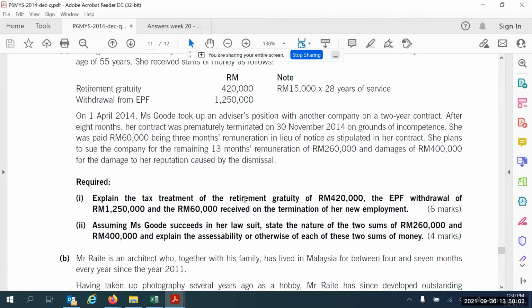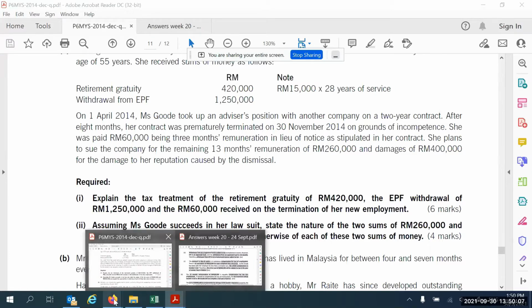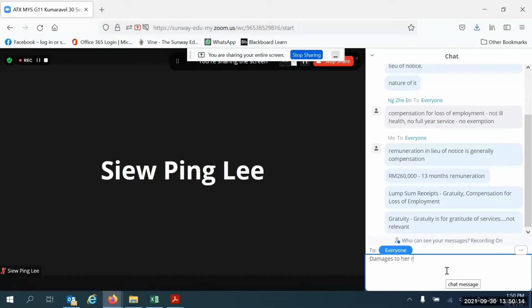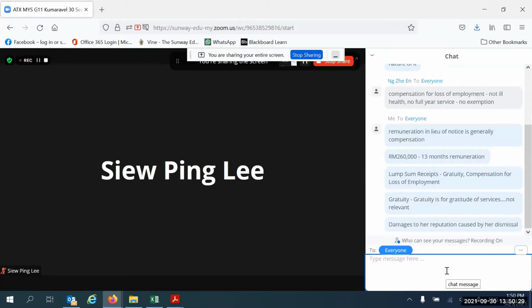Damage to her reputation caused by her dismissal. Now in this scenario, the clue here is the word reputation.